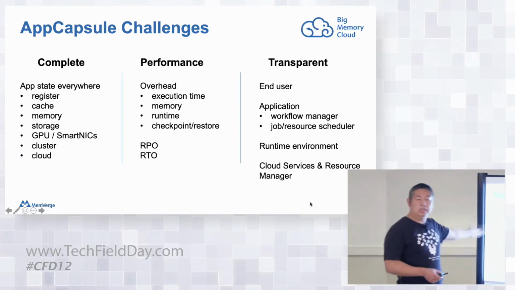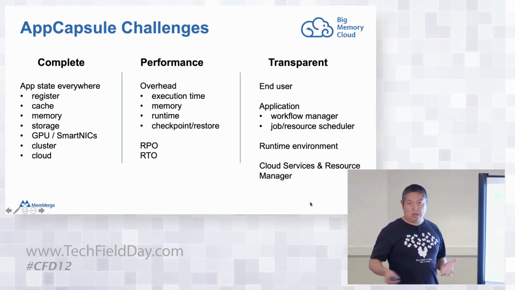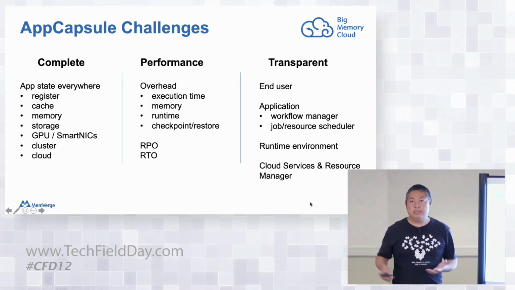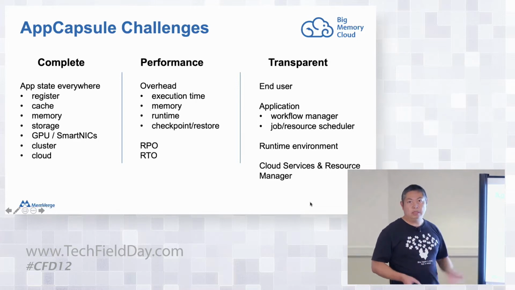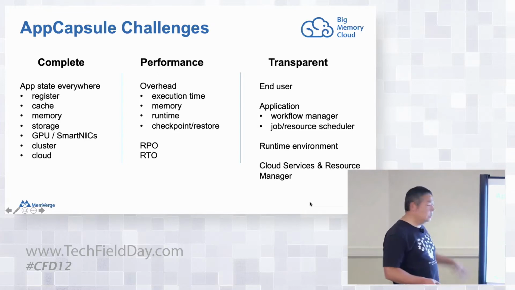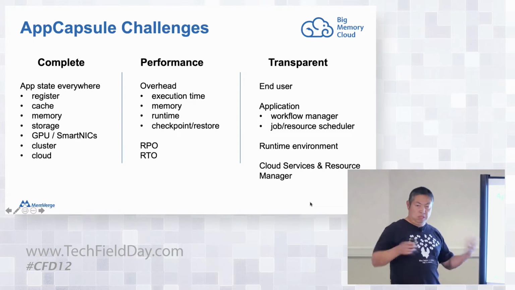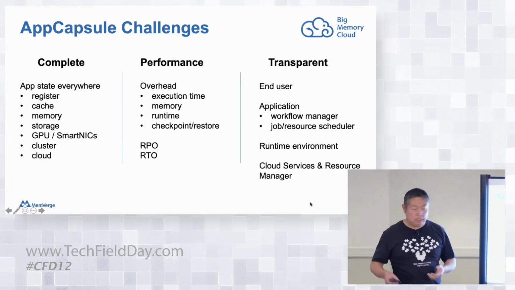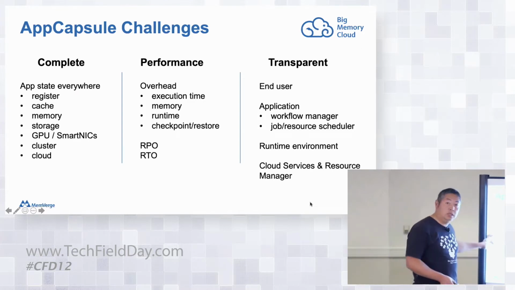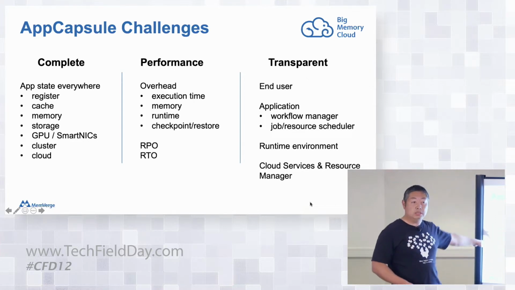As you all know by now, the application states are everywhere. They're in the registers, they're in the cache, L0, L1, L2 cache. They're in the memory. There could be file handles, could be socket information. They're in the storage. Traditionally, that's what people look at.